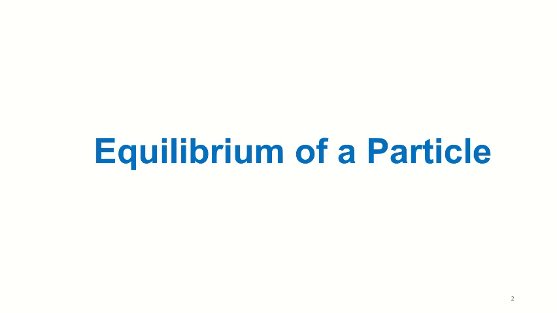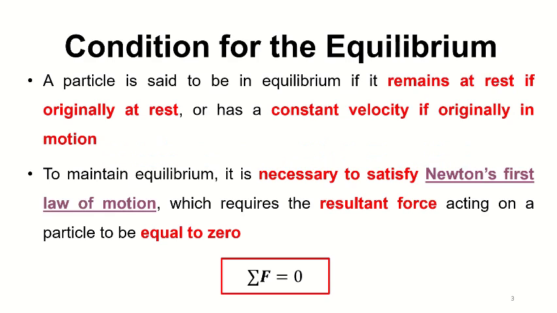So in this lecture we are going to learn equilibrium of such type of objects. First, let's understand what the term equilibrium means in mechanics. A particle is said to be in equilibrium if it remains, and this is very important, if it remains at rest.